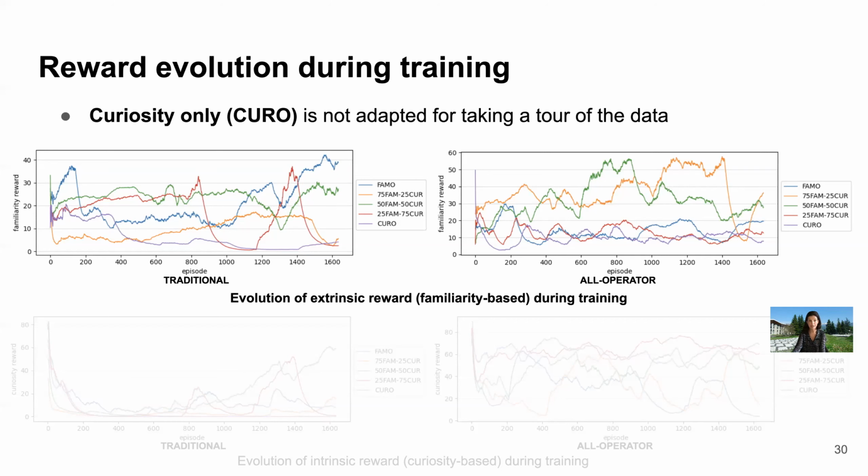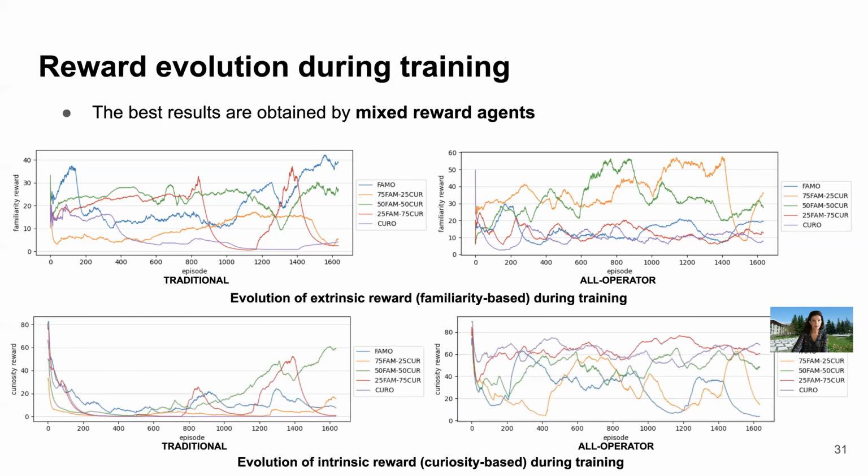I can see that the familiarity reward of my purple line, both on the left-hand side and the right-hand side, so regardless of the expressivity of my operators, is going to be quite low. Right, so those are the two observations. And in fact, the best results in terms both of familiarity and curiosity are obtained by mixed reward agents.